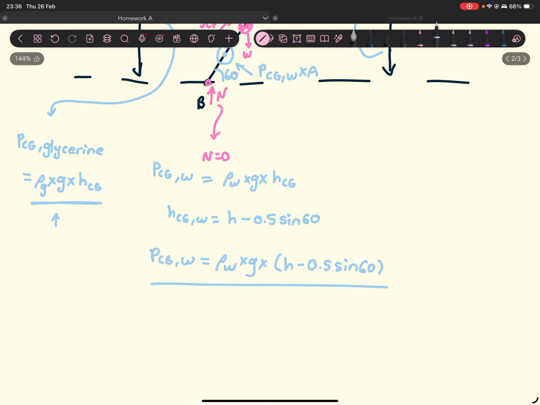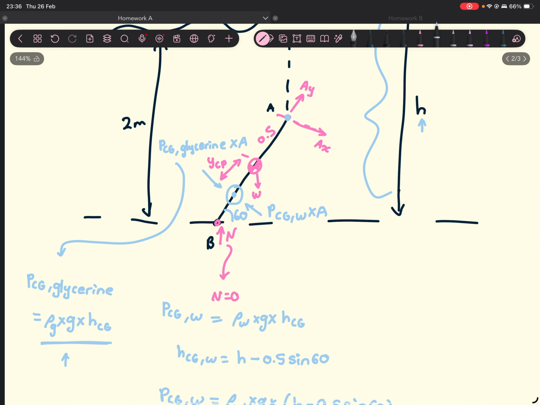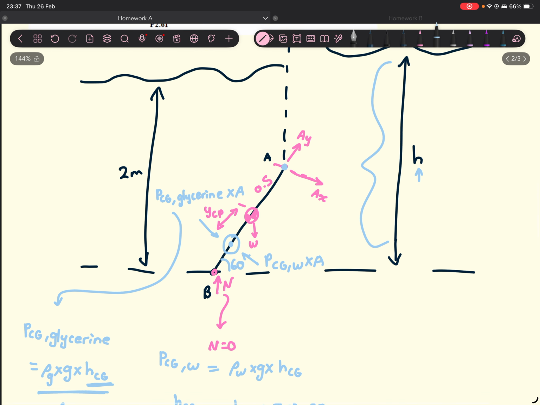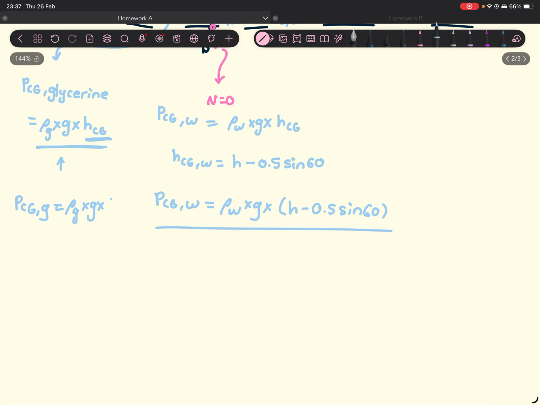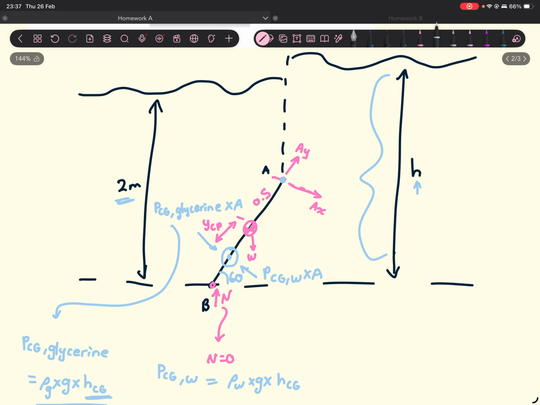Cool. So we got an expression for the pressure of water, and then we can do a similar thing for HCG for the glycerin. Let me just write it out. It's going to be equal to rho of G times G times H of G, which is the height of the glycerin, which is this 2 meters.